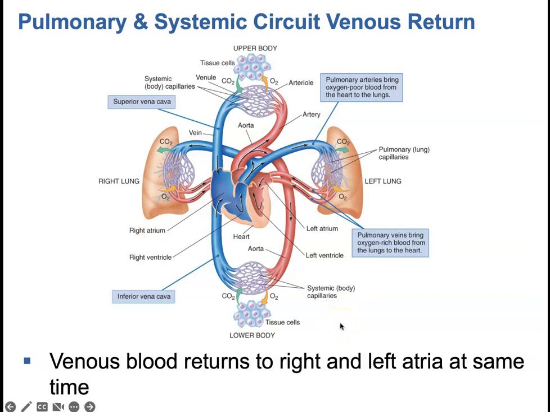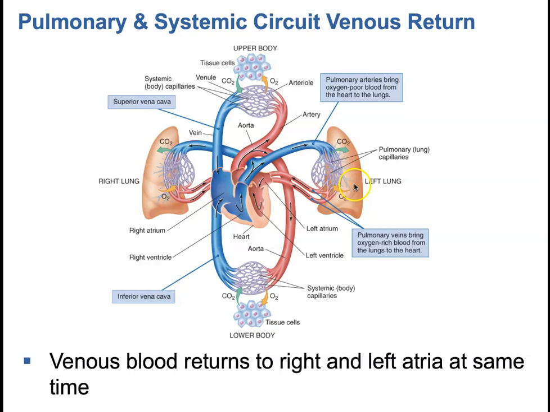Then what you see here is the actual systemic circuit that happens, and then also the pulmonary circuit as it works with the heart. So the right side of the heart is called the pulmonary circuit, and it feeds the deoxygenated blood that returned from the systemic circulation and the coronary circulation into the pulmonary trunk, that then splits into the left and the right pulmonary veins, and they take the deoxygenated blood to the lungs.